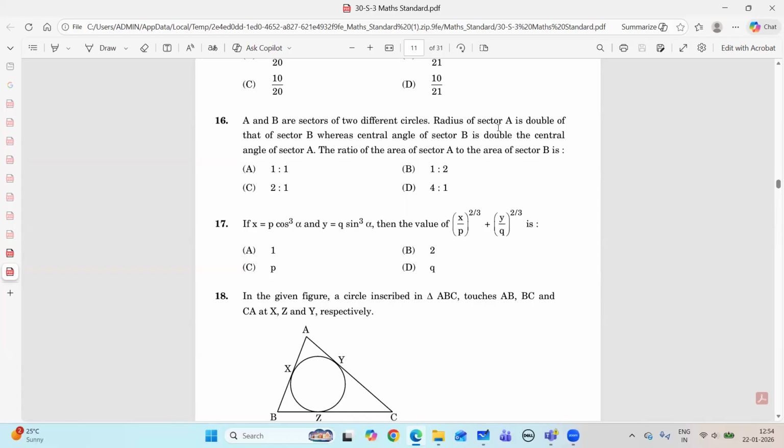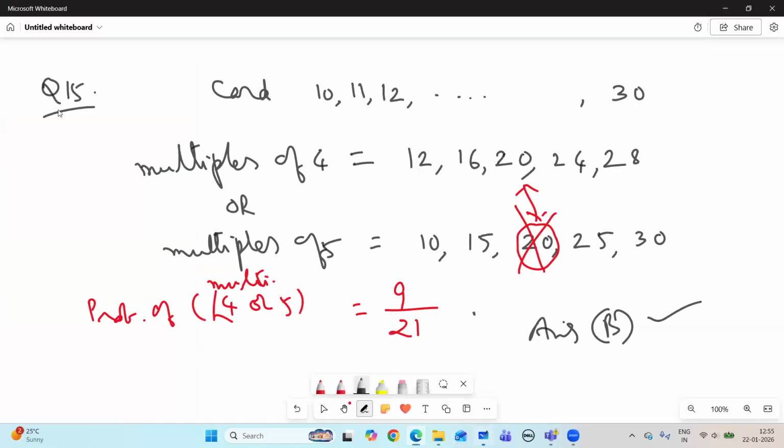The radius of sector A is double that of sector B. If sector B has radius r, sector A has radius 2r. The angle of sector B is double the angle of sector A. If sector A's angle is theta, sector B's angle is 2 theta. We are asked to find the ratio of the areas of sectors A and B. Let us write down their areas and work out.